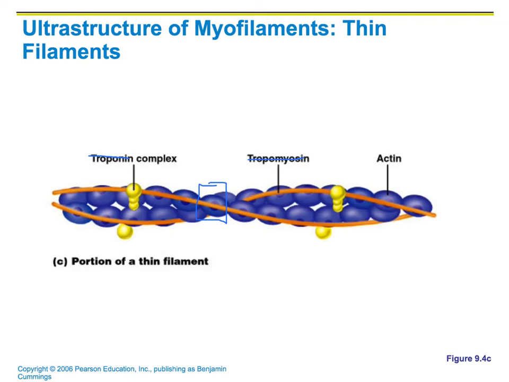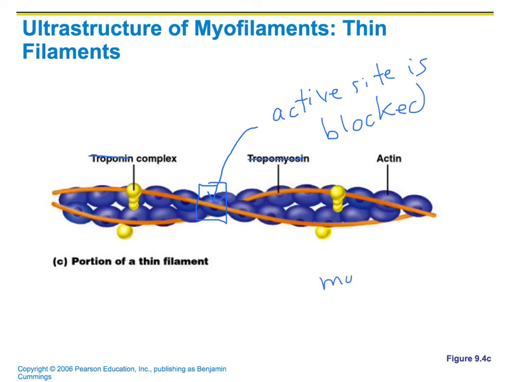So in this current state, the muscle is relaxed, because if you look at the spaghetti here, it's blocking the hole, the pit in the pitted area of the olive. So in this picture, the active site is blocked. And under this scenario, the muscle is relaxed.